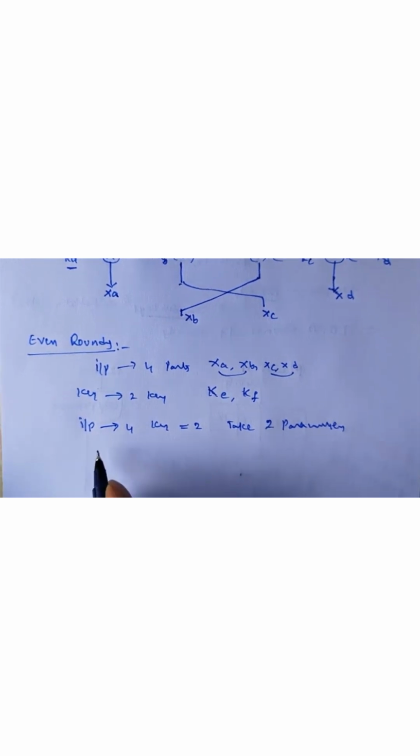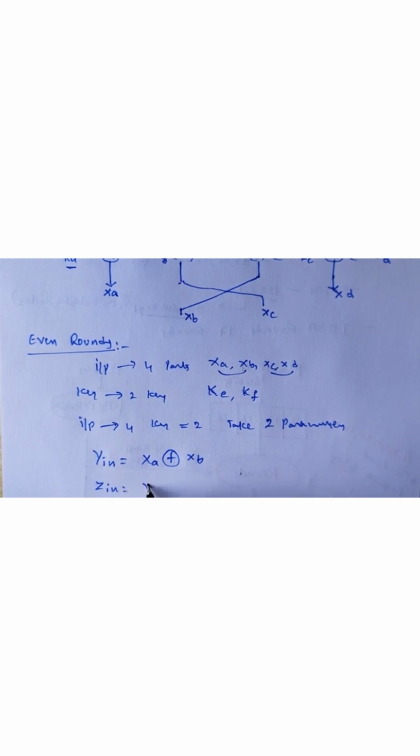So what happened? Yin equals XA modulo operation XB. Zin equals XC modulo operation XD. So here we are performing XOR operation between them. Then what will we get?